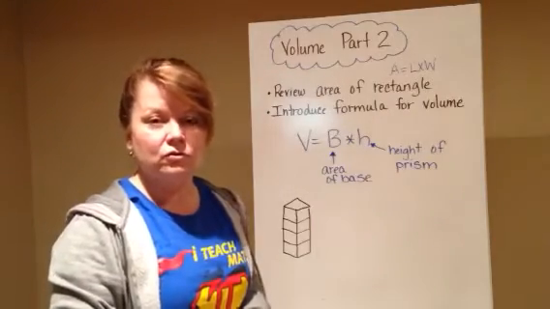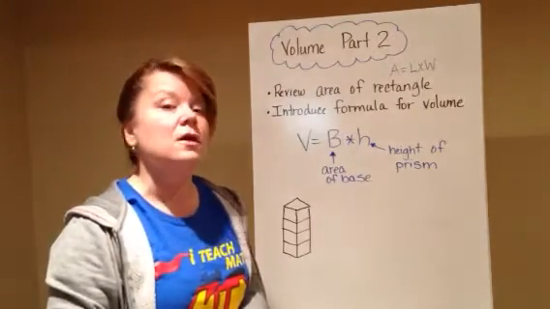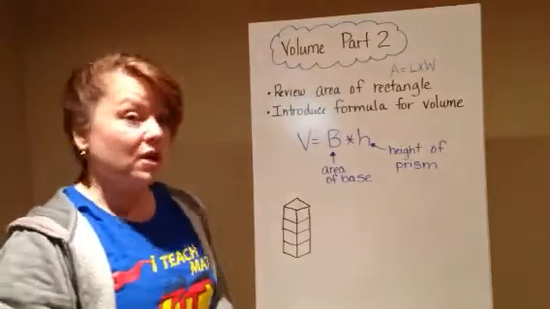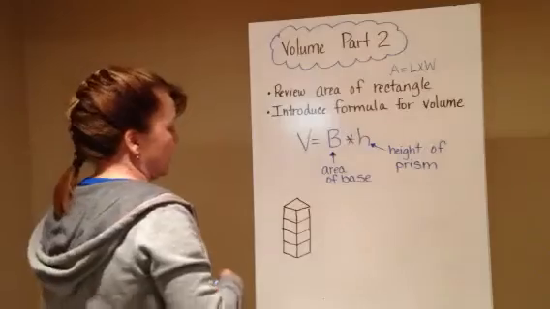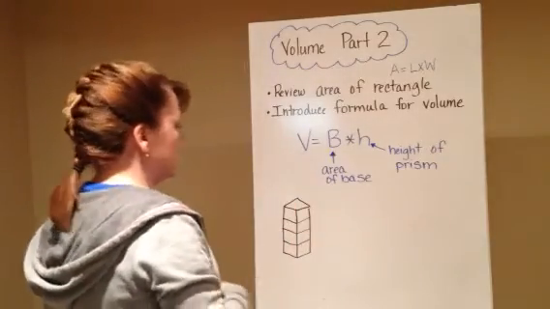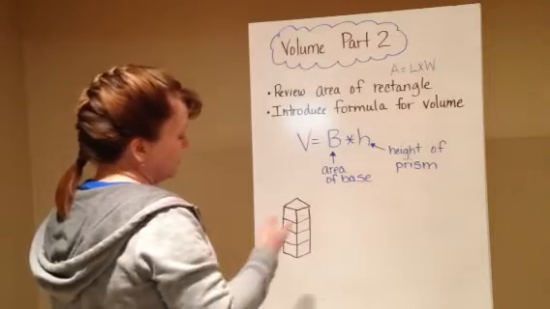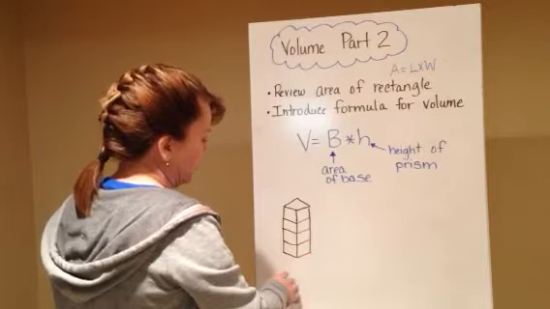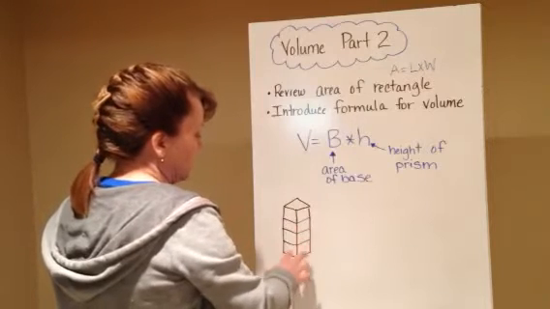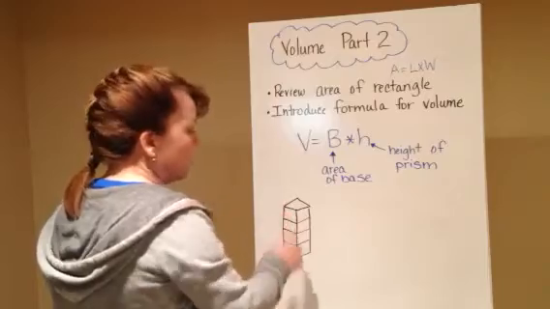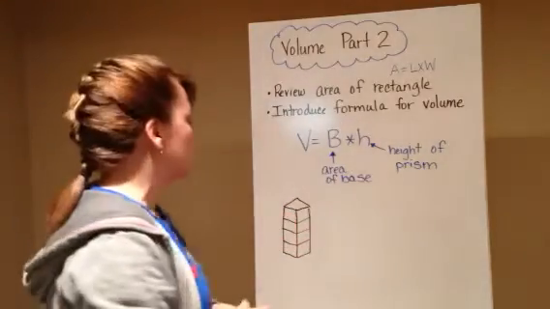However, you're usually going to have to do 2 calculations before you get your final volume, depending on what the shape is. So let's take a look at this one right here. You'll notice that my drawing is a little off, but it's hard to do with markers, so we'll just make do. Basically this is a stack of 4 three-dimensional cubes.